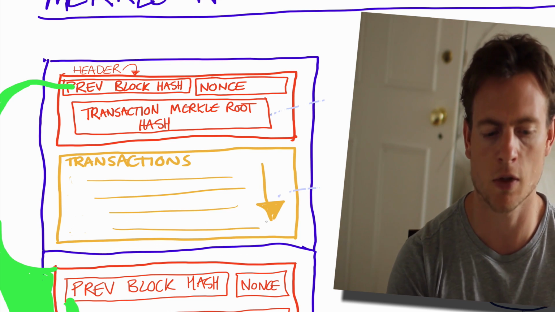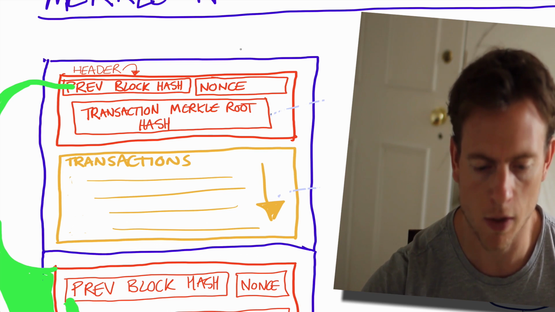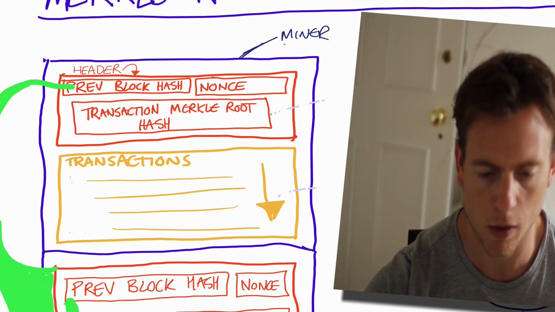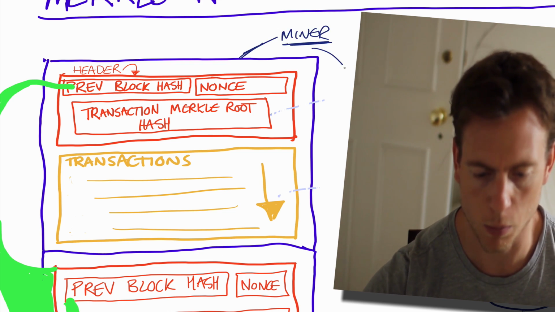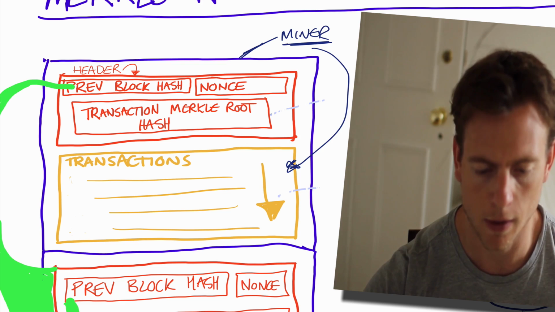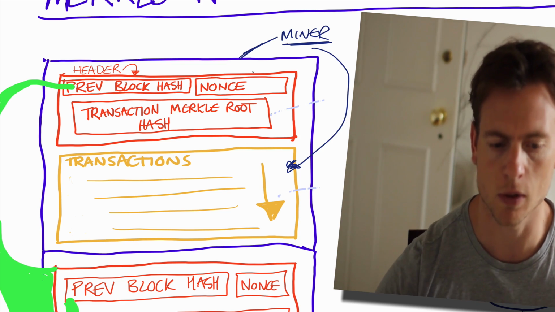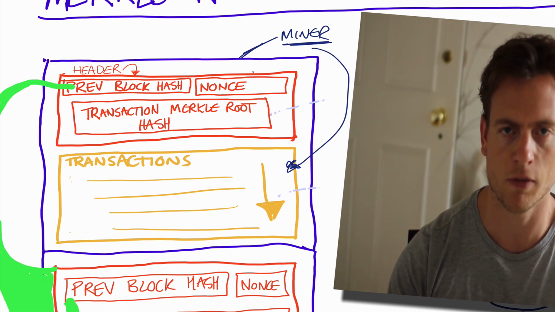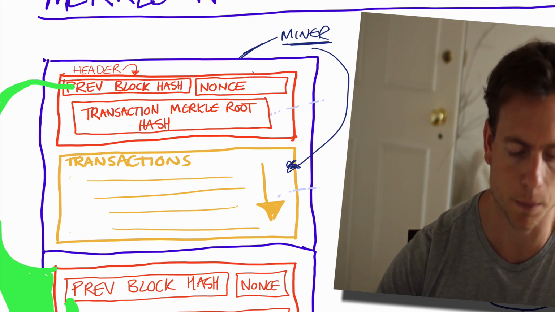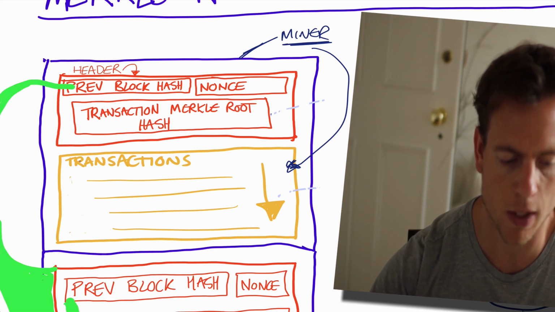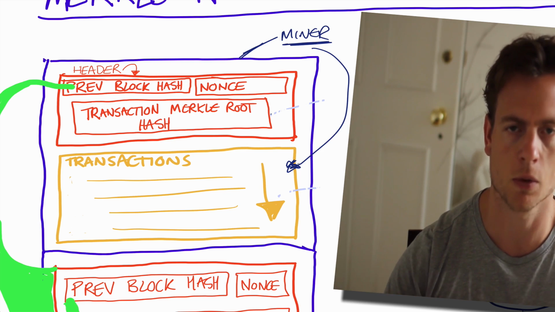The actual transactions that have been grouped by the successful miner of this block, who pulled all these transactions together, solved the puzzle to find a block header hash that met the difficulty target, which we talked about in the previous video. So that's the header, and then the rest of the body of the block is the actual transactions.